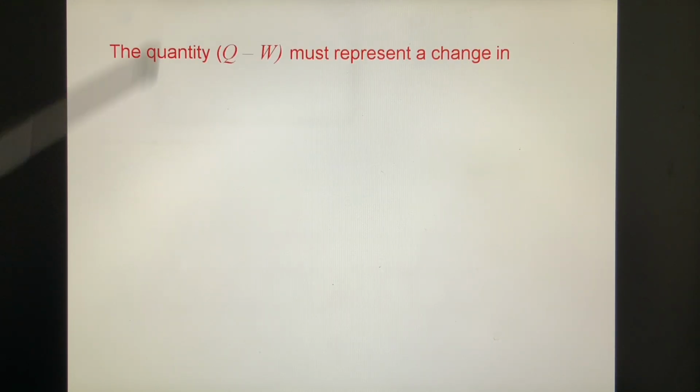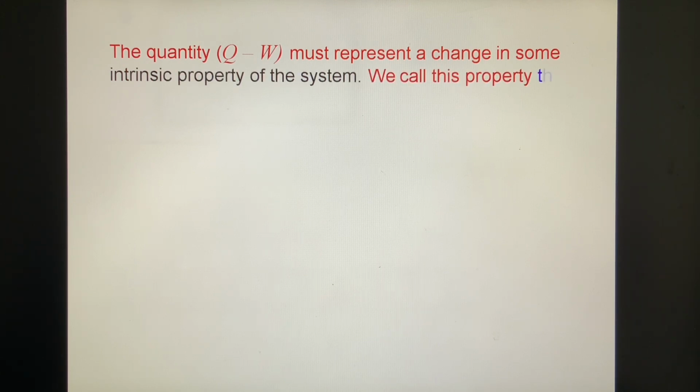The quantity Q minus W must represent a change in some intrinsic property of the system.